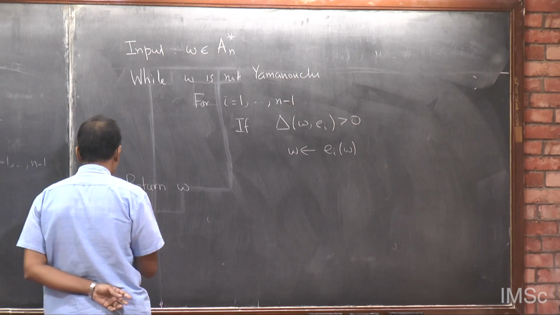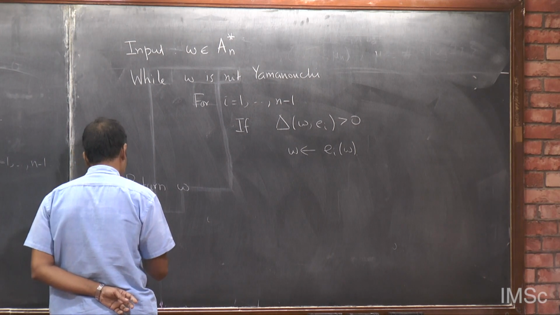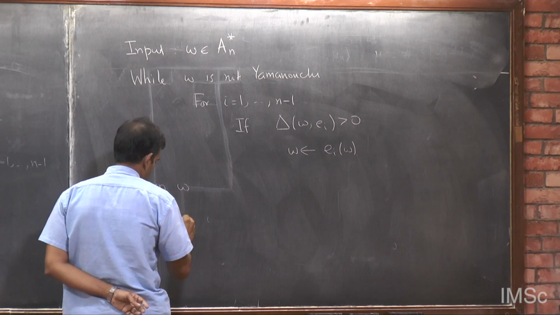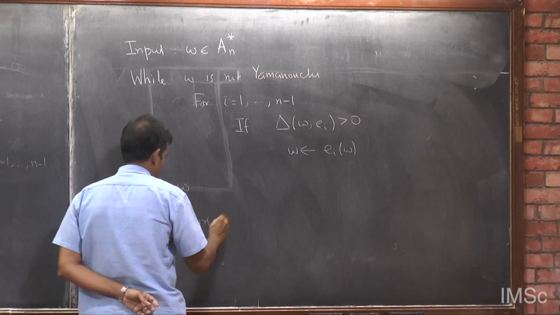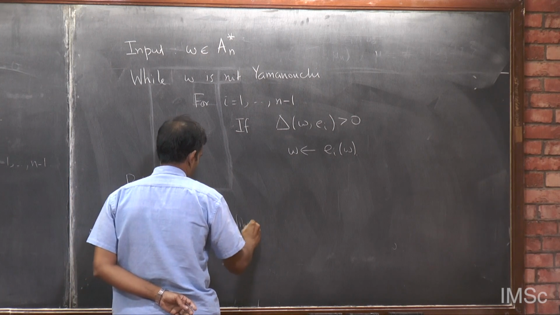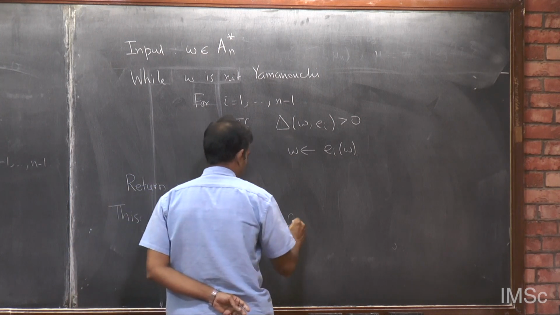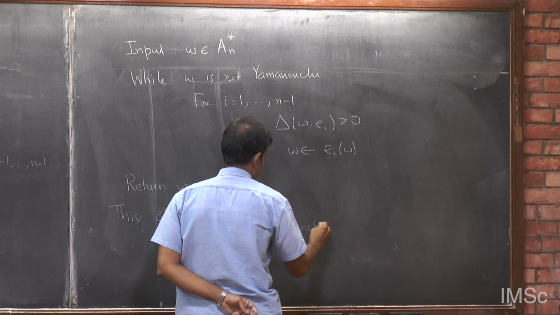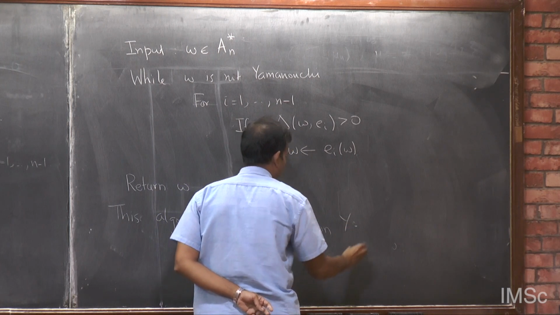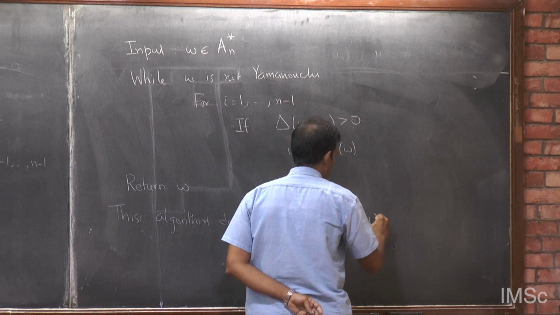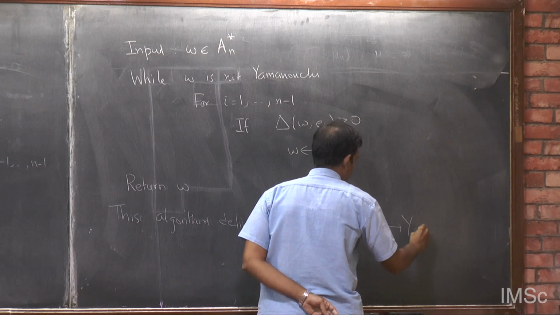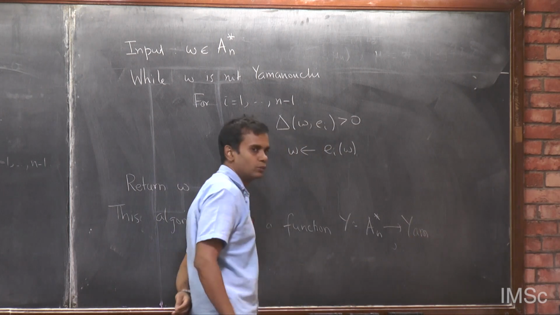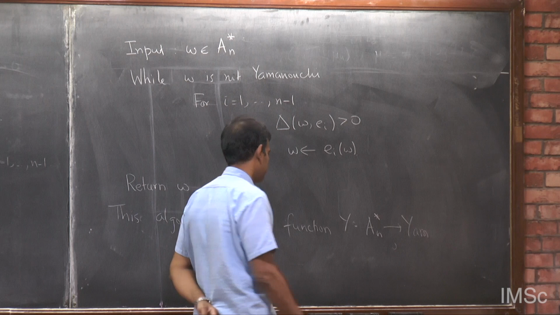So, this algorithm defines a function y from A_n star to Yam, the set of all Yamanouchi words in A_n star.